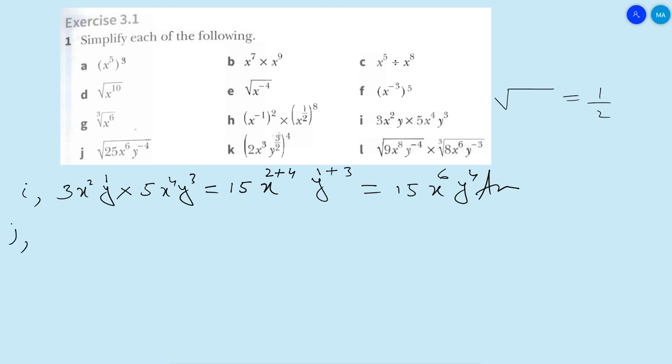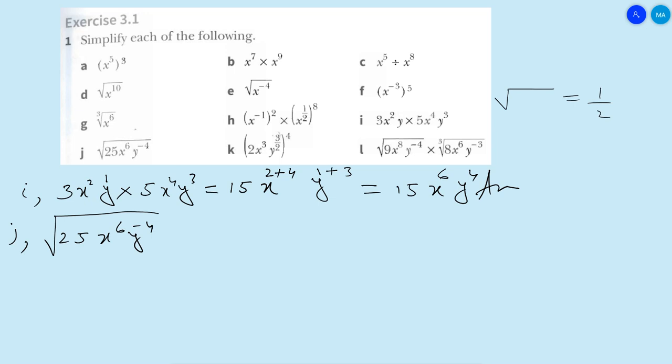Now come to part J. 25 x to the power 6 y to the power minus 4 with square root. Very easy. You have seen in previous parts the value of square root is always 1 upon 2.